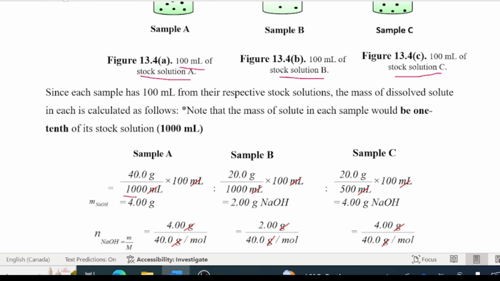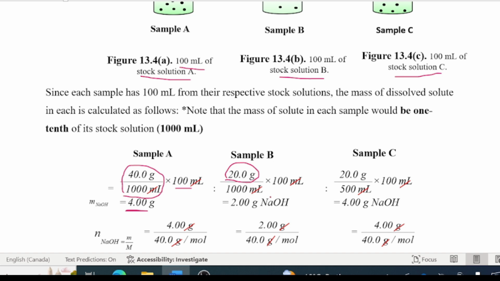This is the amount that dissolves in 1,000 milliliters, right? But now I want to know how much will be in 100 milliliters. So you take 1/10 of that, like putting 100 over 1,000. So you end up with 4 grams inside it. That's the mass you're going to get. So the mass now of sodium hydroxide in this sample will be equal to the 20 grams that we used, right?